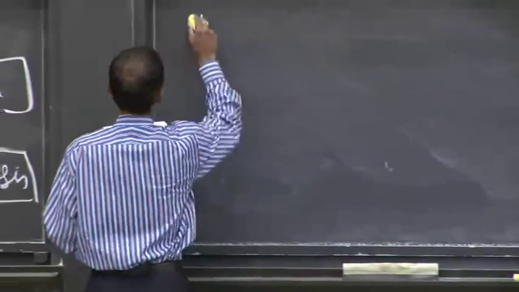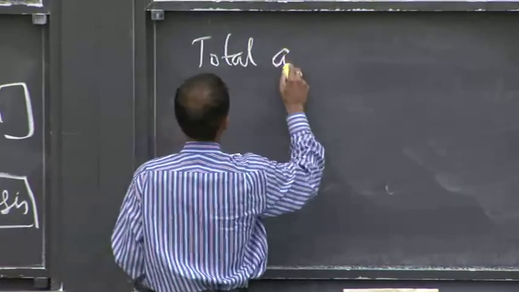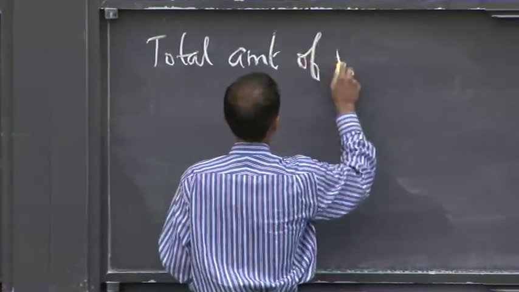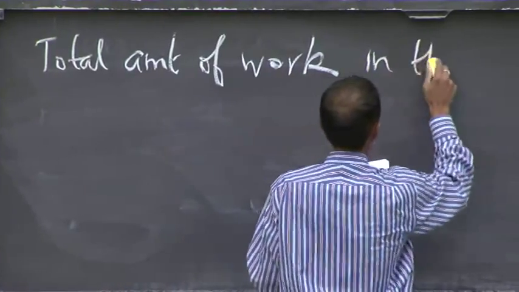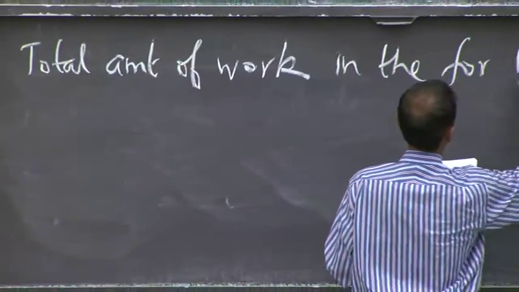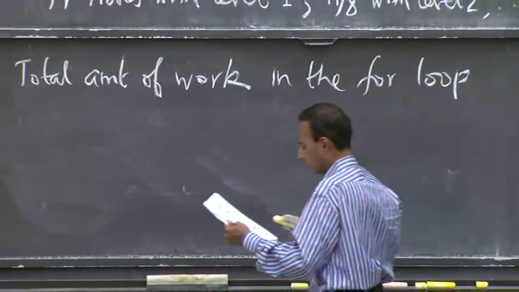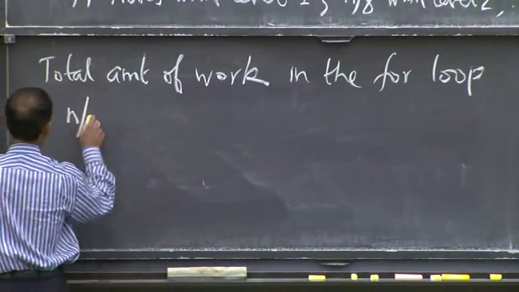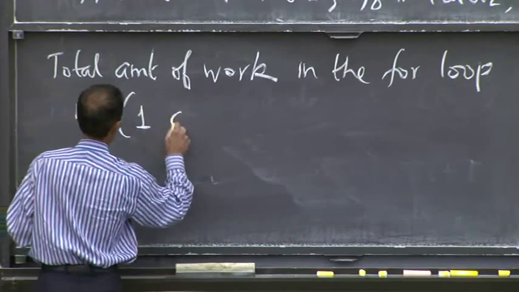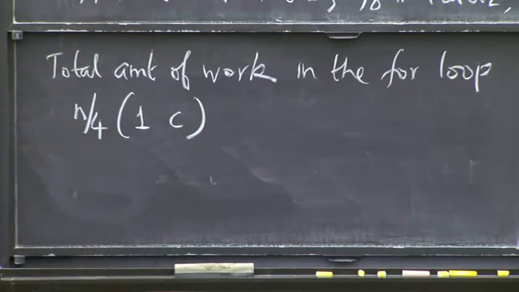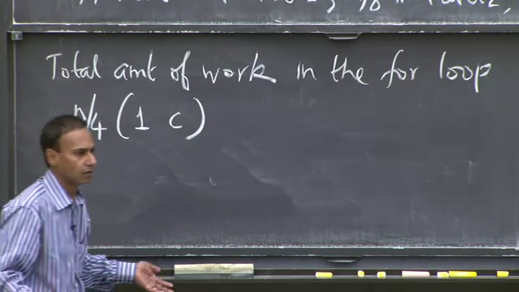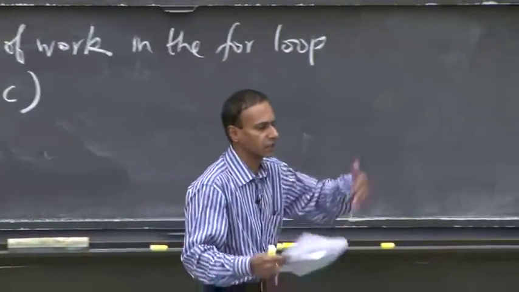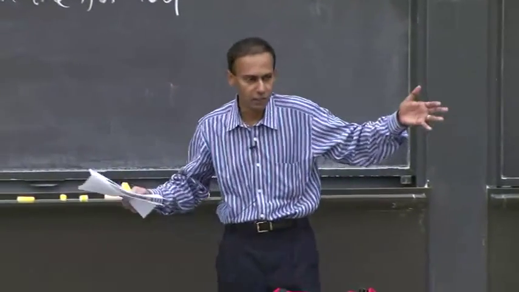And so the total amount of work in the for loop can be summed as n divided by 4 times 1 times c. I have one level here, and I'm going to do some constant amount of work for that one level. I'm just going to put c out there because eventually I can take away the c. That's the beauty of asymptotics.